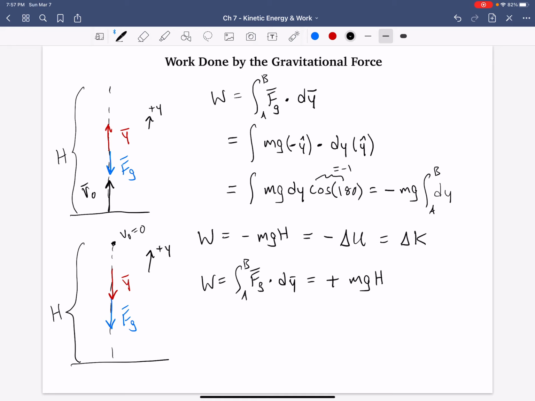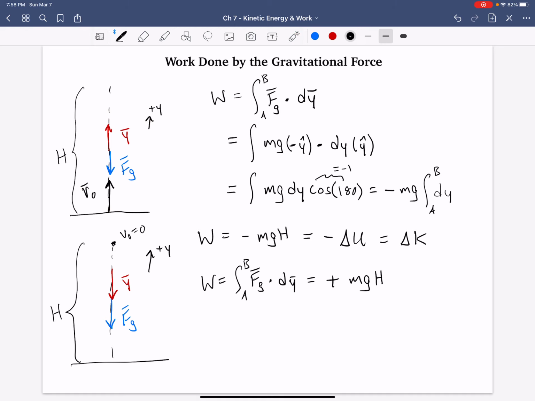And so now the work done is positive when they're in the same direction. That's because the force of gravity is pulling that object in that direction and doing maximum work on it. It's increasing its speed specifically, whereas up here, the force of gravity was acting to decrease the speed. That's the important part here.